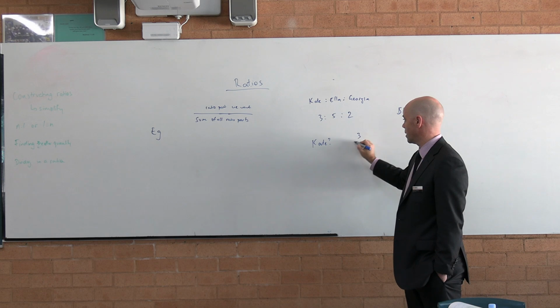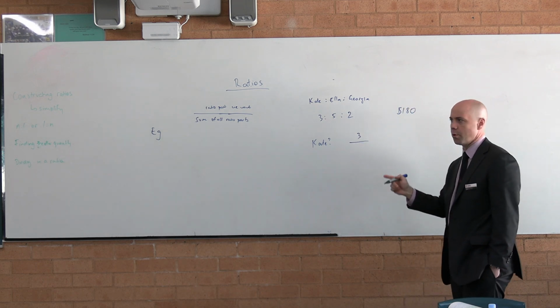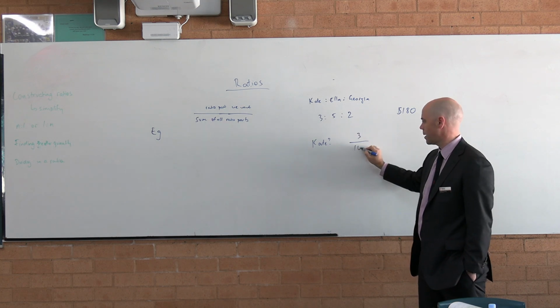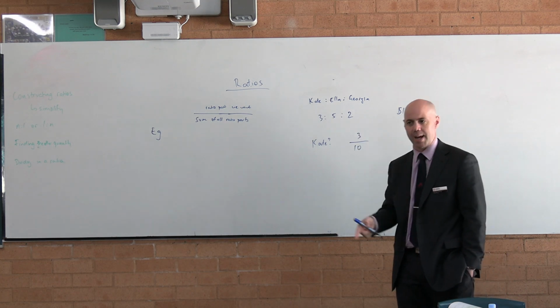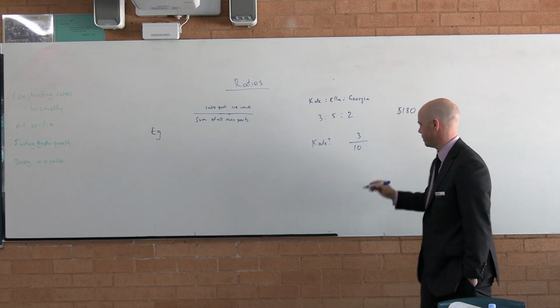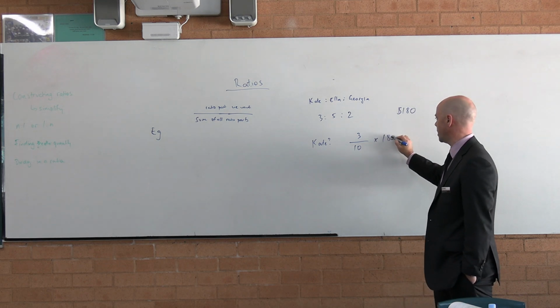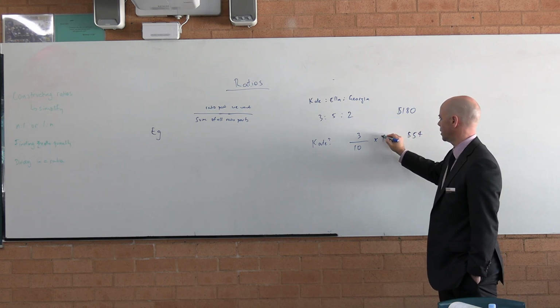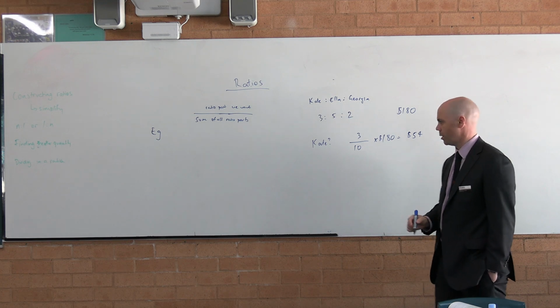It's 3. The bottom line is the sum of all the ratio parts. If I add these three numbers up, what do I get? 10. So Kate is going to get 3/10 of the profit. 3/10 times 180 equals 54. So her part is $54.